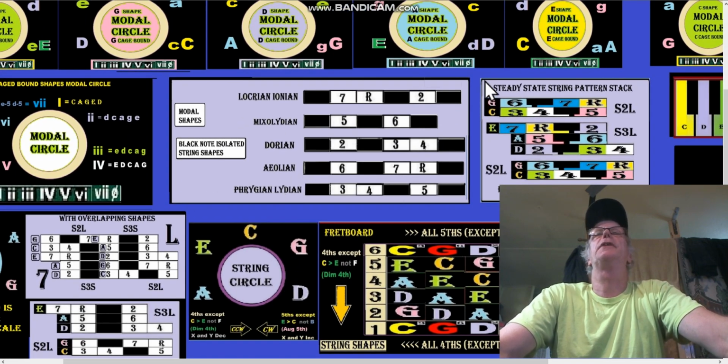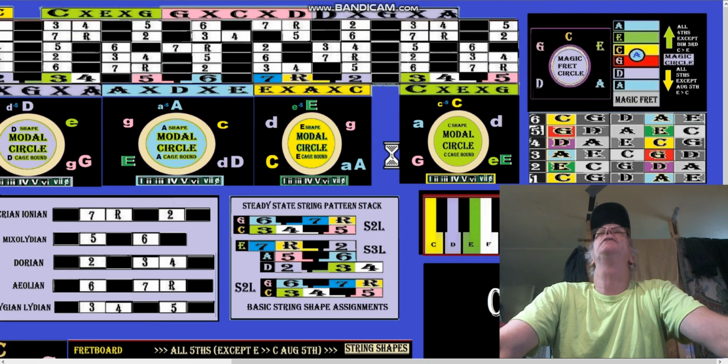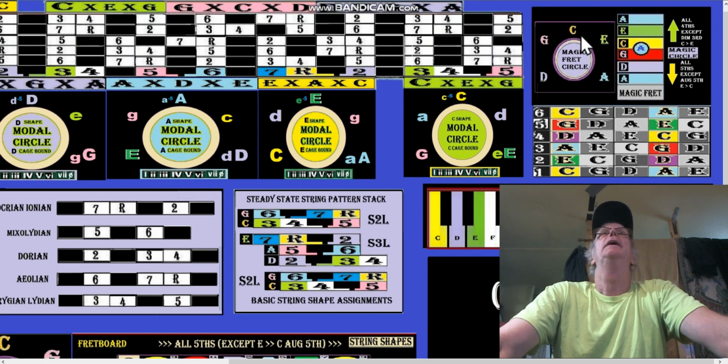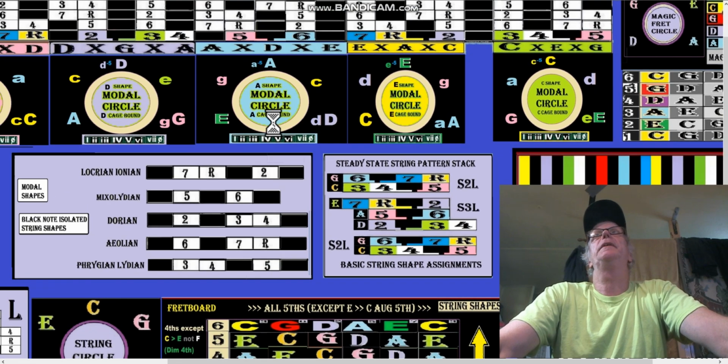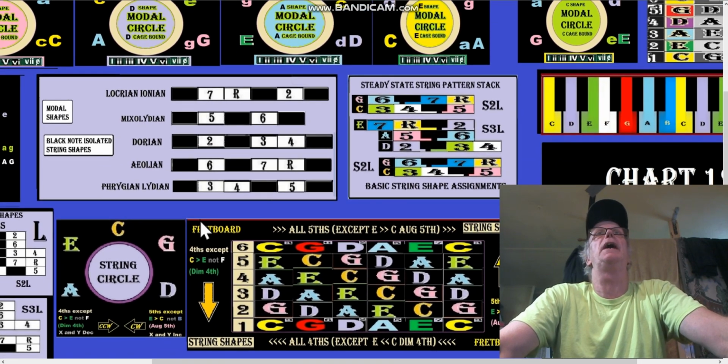string circle, etc. I like to reserve the magic fret circle or the magic circle. I think originally it had come about. Say you're going from C to G. Okay, so you know that looked like it was going backwards a little bit. So the orientation of these, the direction of these circles is pretty much final now.